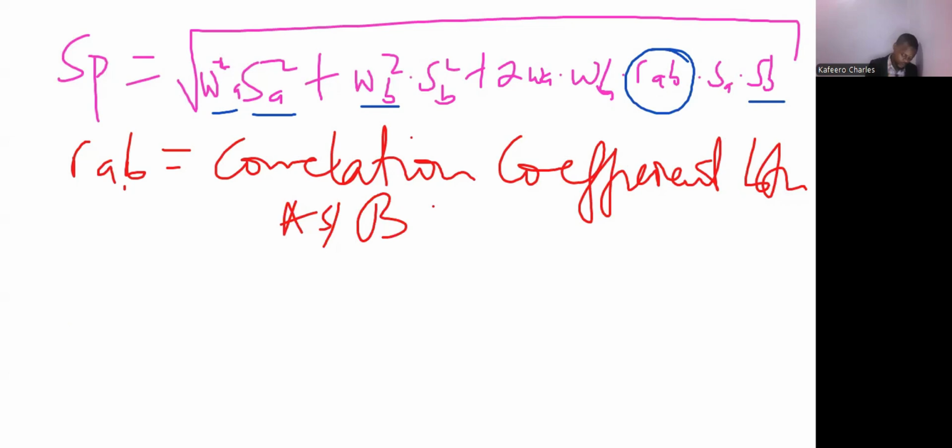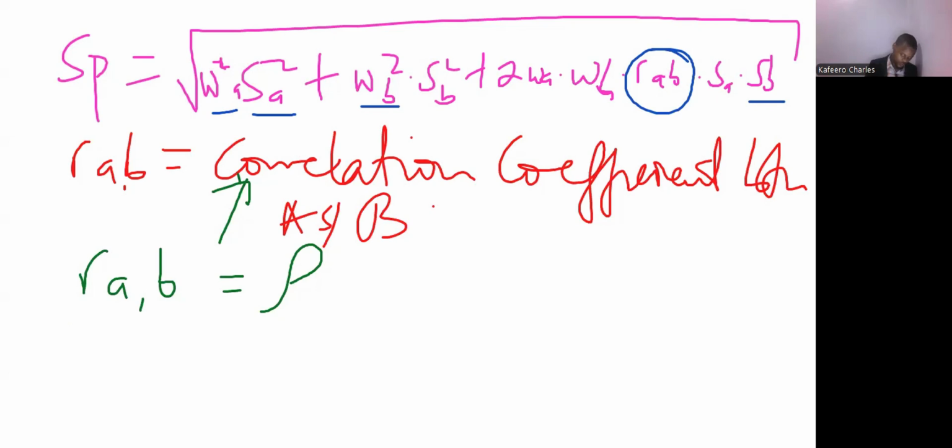So it means that this lambda A is also the same as, you can write it that way, which is the same as the correlation coefficient. So it means the same thing here. So we need to understand, how do we compute the correlation coefficient?